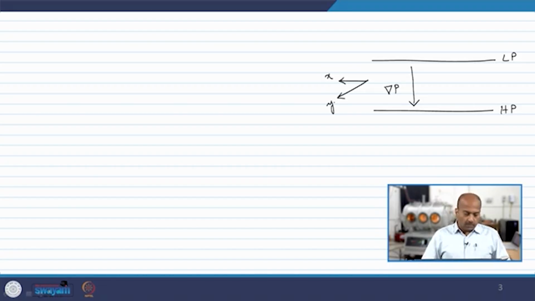So, J and B have to be in such a way that they are perpendicular to ∇P.